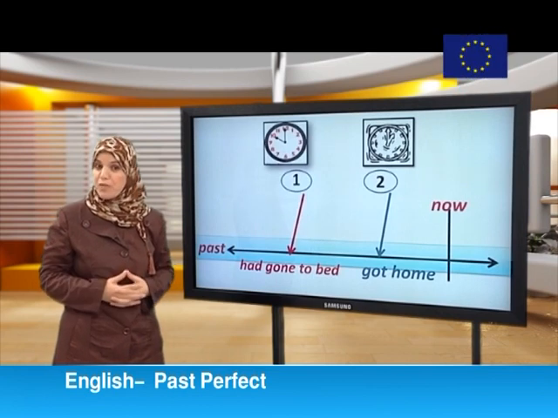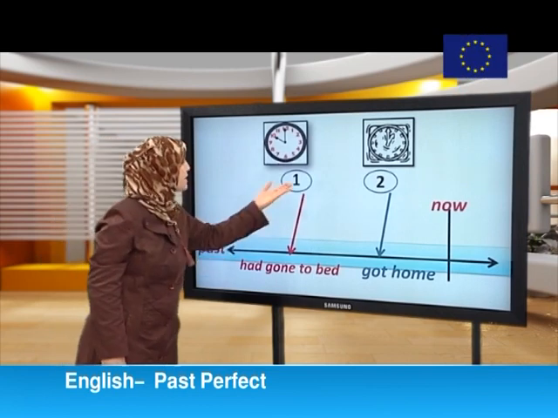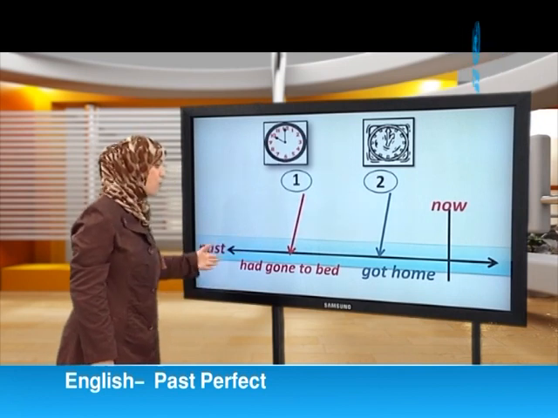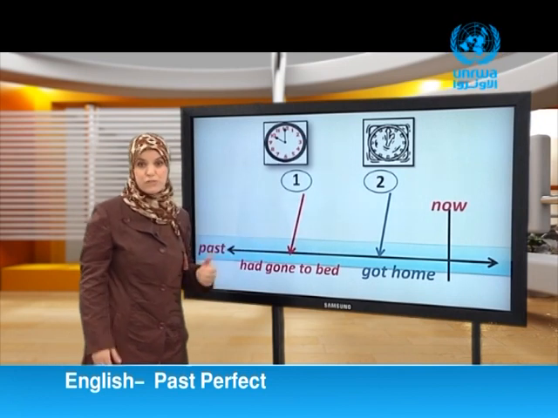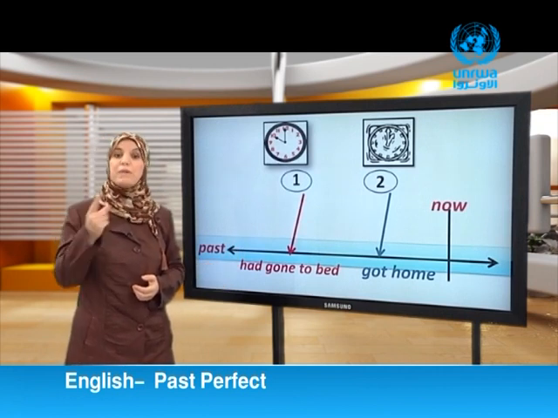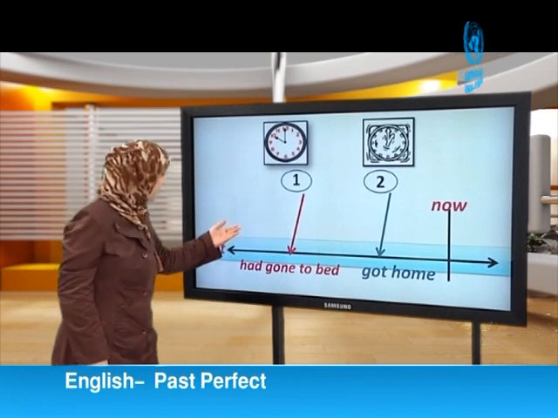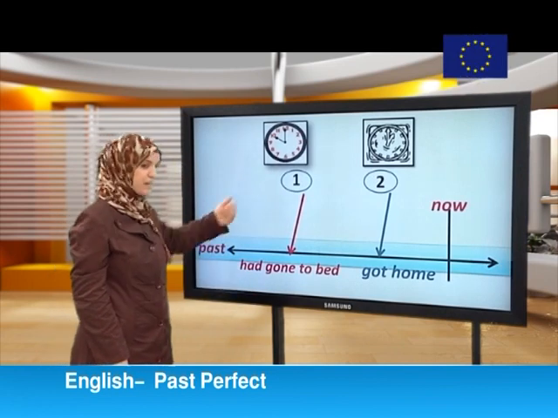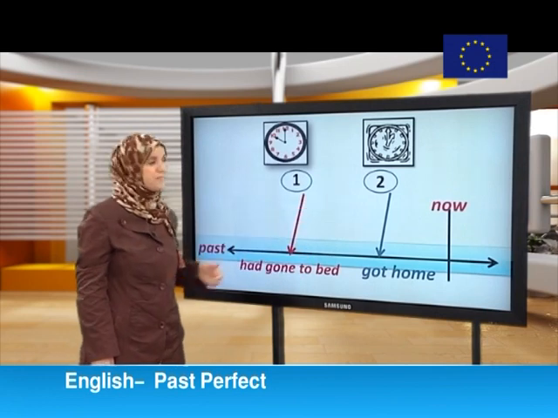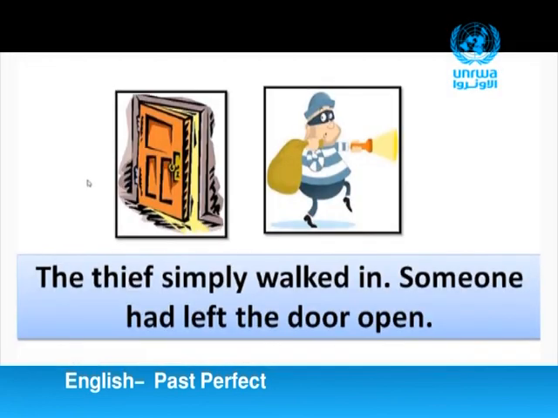Both of them happened in the past, but one happened before the other. First, everybody had gone to bed, then I got home. Now the past perfect is the first action, and we use the past simple for the second action. And one more example, look at the pictures and let's read the sentence.